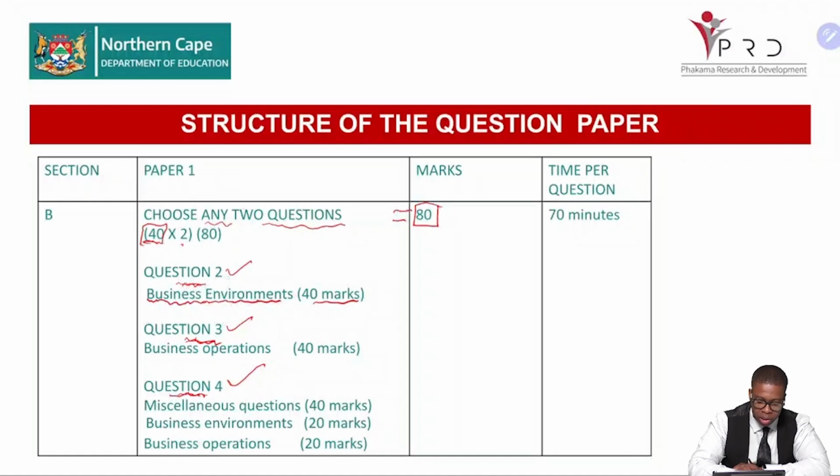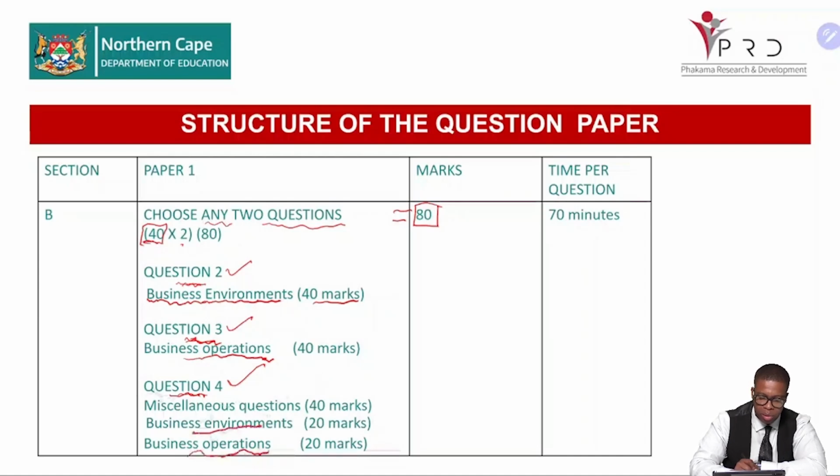These are assessed under question 2. But question 3 assesses business operations and only has 2 subtopics, which are quality of performance and human resources. Then miscellaneous, which is question 4, combines 2 main topics, the business environment and the business operations.